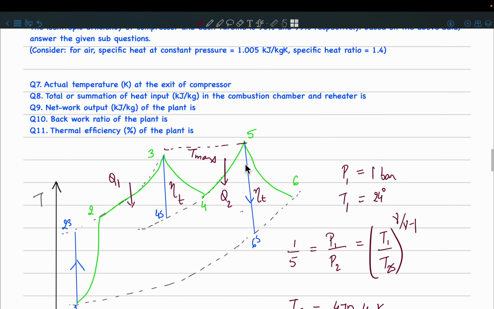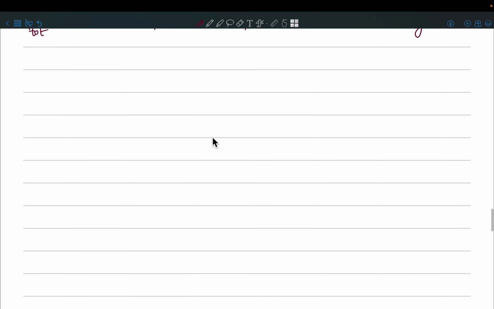Okay, so then next question is, what is the net work output of the plant? So what is the formula for net work output?